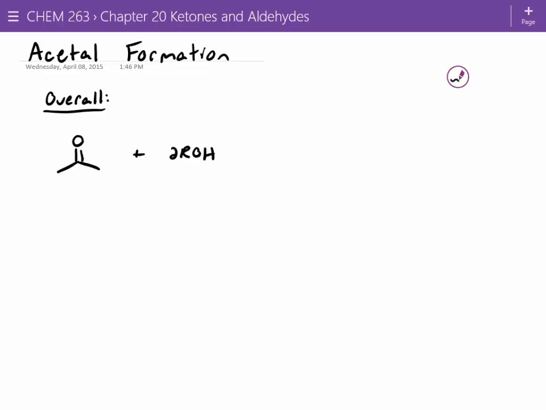You can react this with an alcohol. Use an acid catalyst. And you get this new product, which is called an acetal.